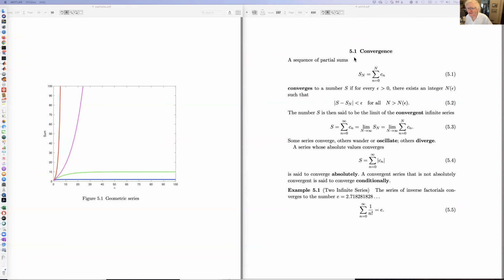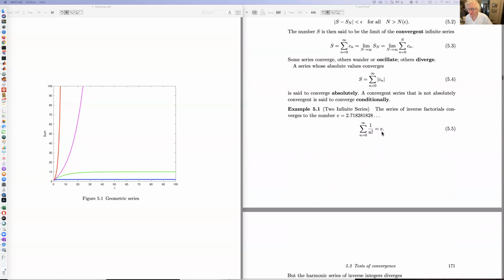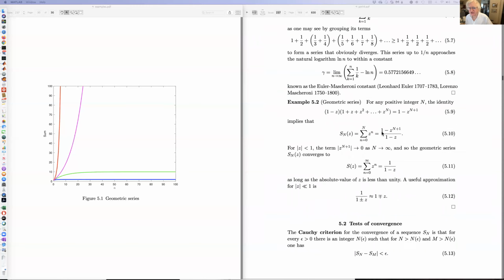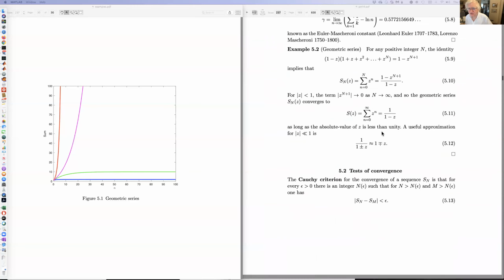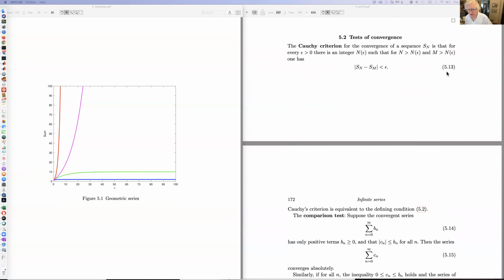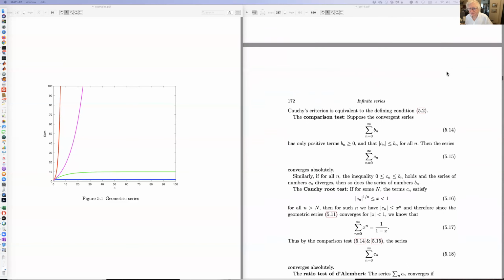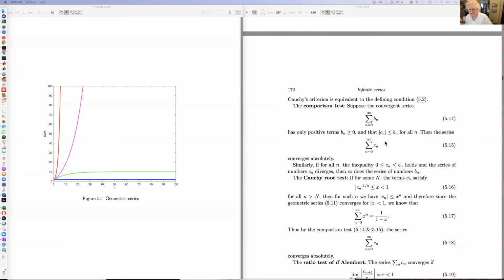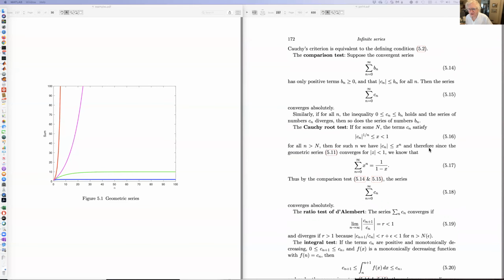I mean, if you know it's convergent and you know the limit, then you can apply this. Otherwise, you absolutely have to immediately go to the Cauchy criterion. These things are sort of obvious.